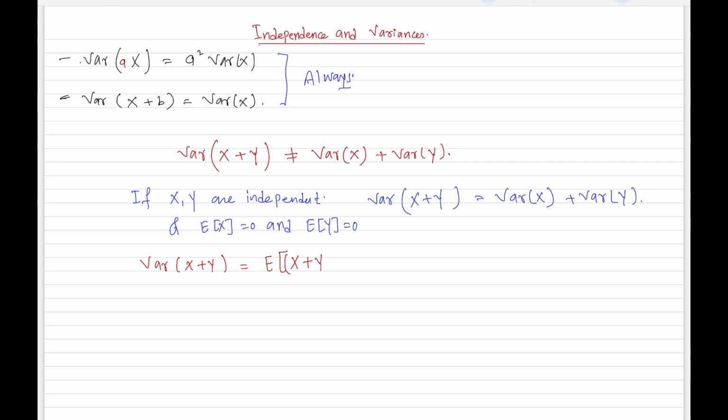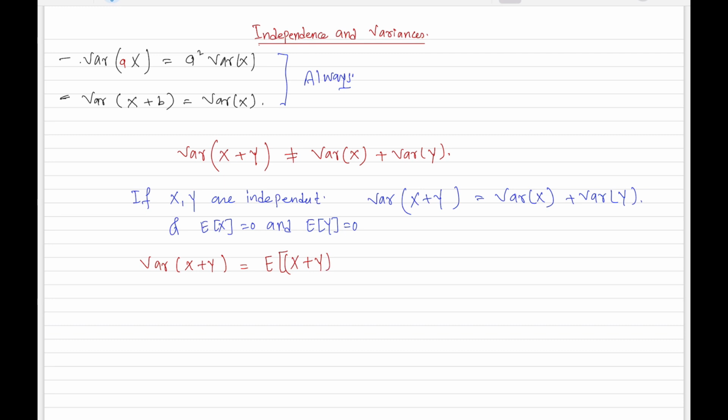By the definition of variance, it is nothing but the squared distance from the mean. The mean will be overall 0 for this random variable x plus y.